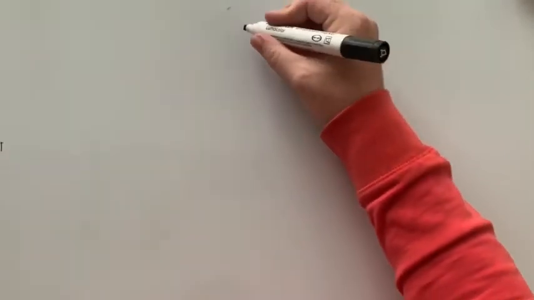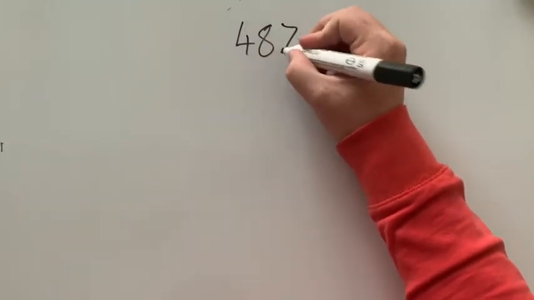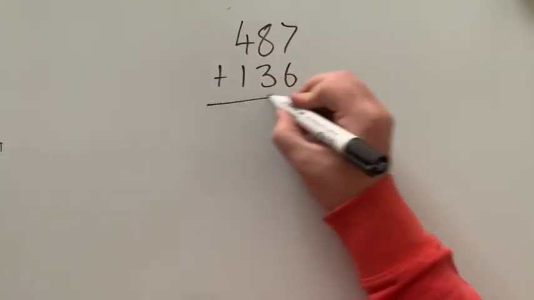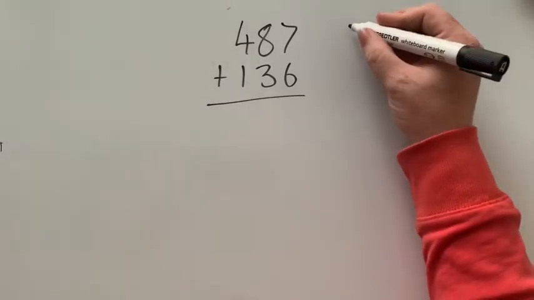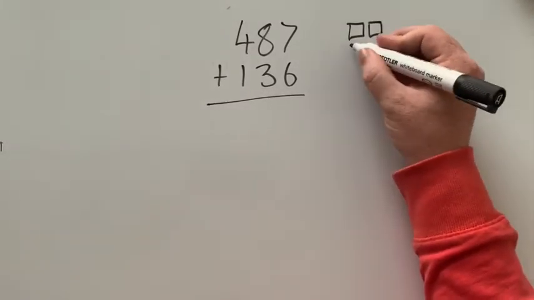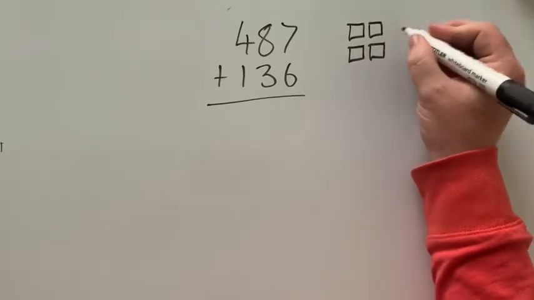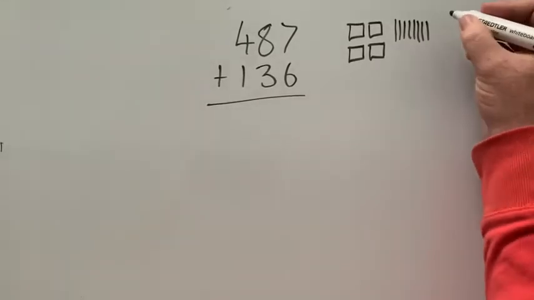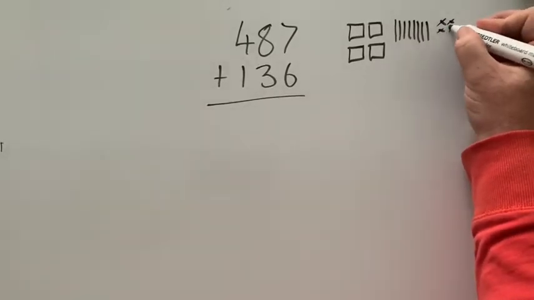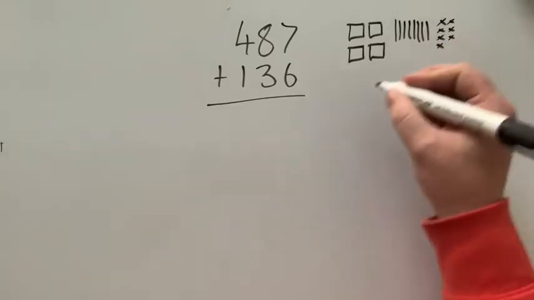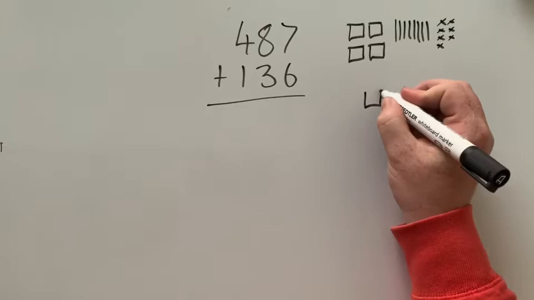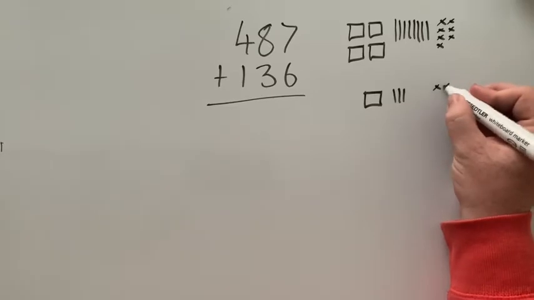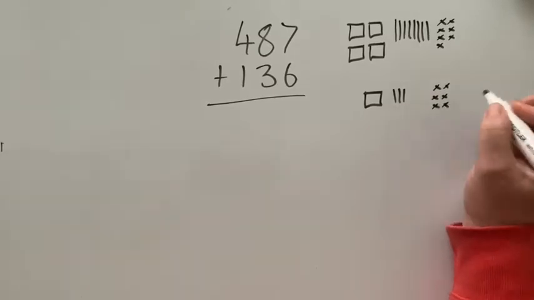And we'll finish off with 487 plus 136. Okay, and we'll draw that. 100, 200, 300, 400, 10, 20, 30, 40, 50, 60, 70, 80. 1, 2, 3, 4, 5, 6, 7 plus 100. 1, 2, 3, 10, 20, 30. 1, 2, 3, 4, 5, 6.